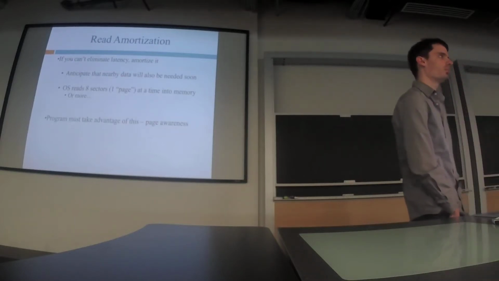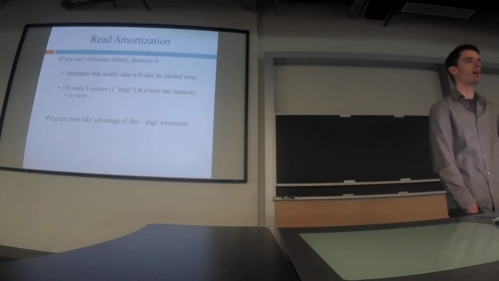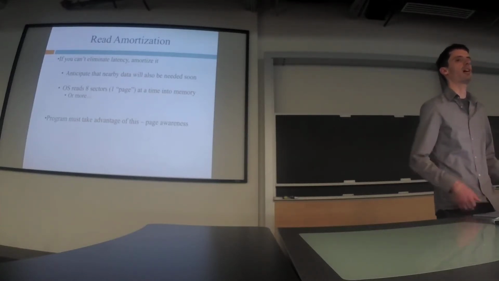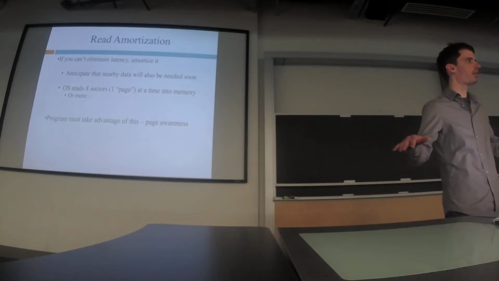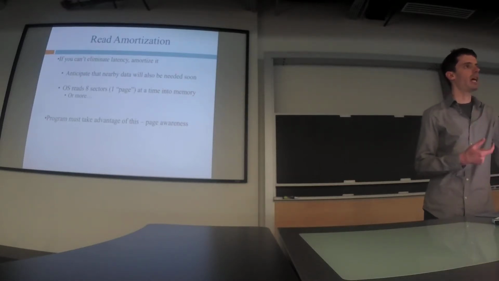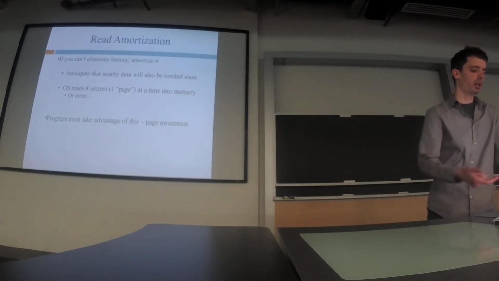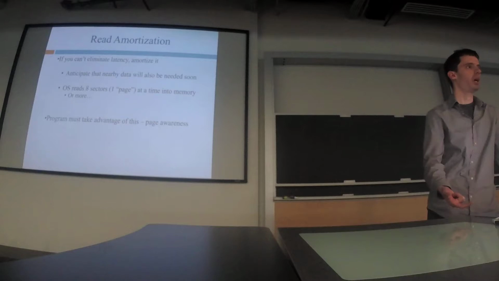But basically, the goal is to amortize the extreme cost of accessing data from a disk. Amortize means to spread out the cost. So what actually happens is the OS will read 8 disk sectors at a time, which corresponds to one page. Page being like a virtual memory page, 4096 bytes.